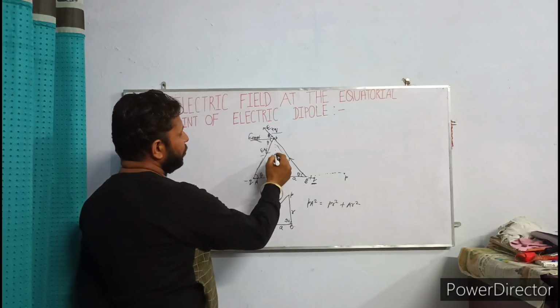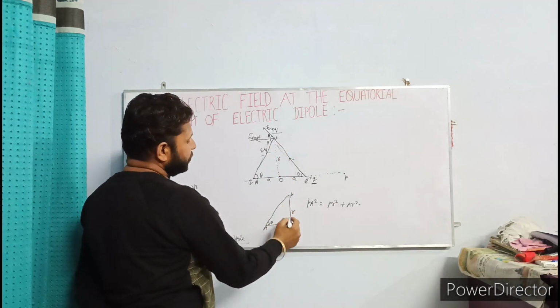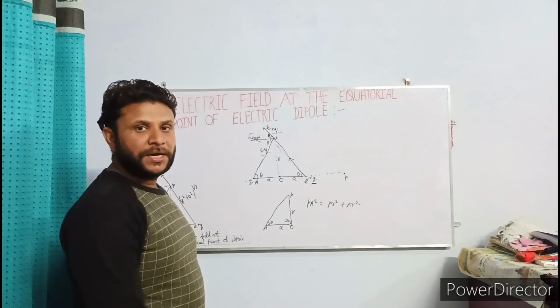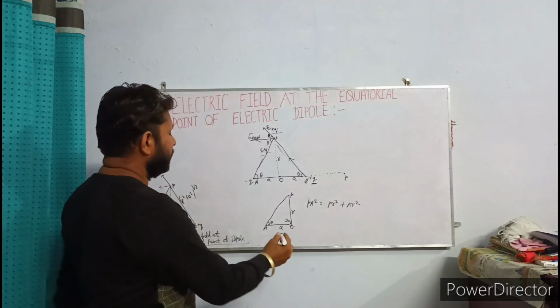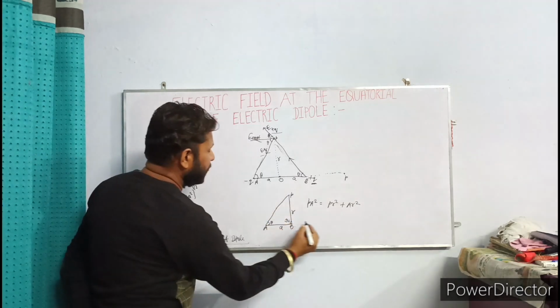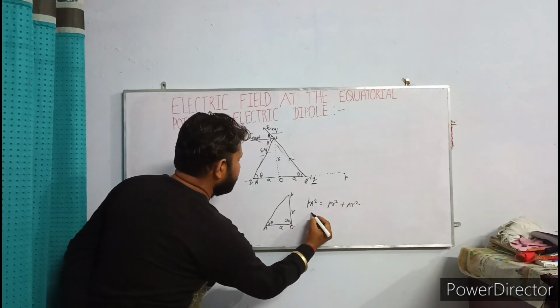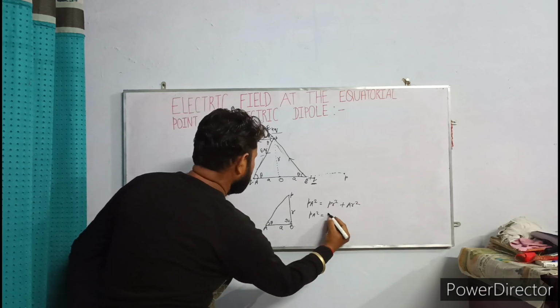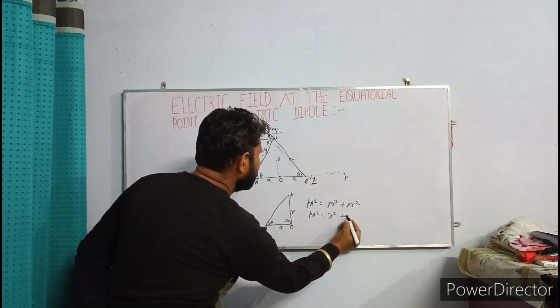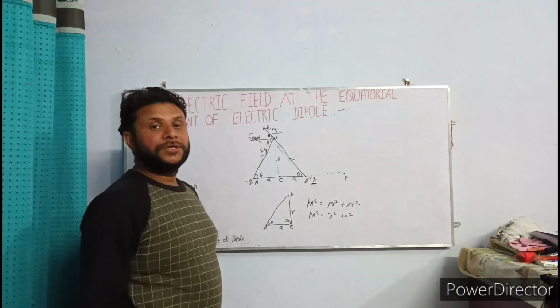Here we have drawn dotted lines, and this is a straight line. So what is the value of PA? PA square equals R square plus A square by Pythagoras theorem.